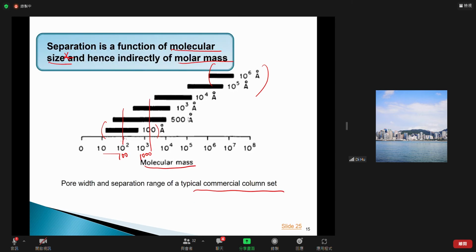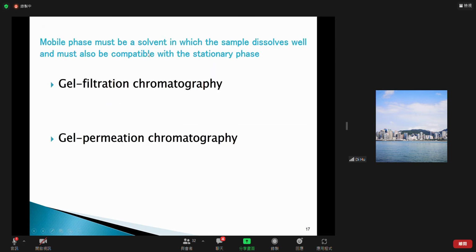Okay, so we just choose the one that falls within it, and then we can do the separation. Understand? So this is how easy it is. You can get this information from the column menu you got from the manufacturer, and then you can decide.